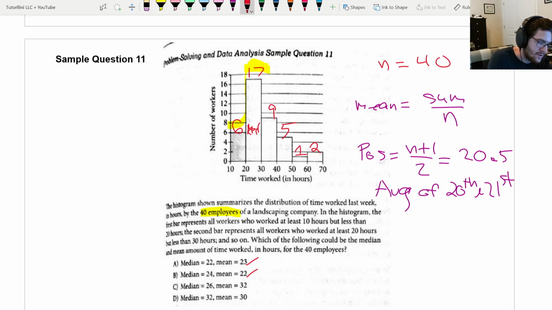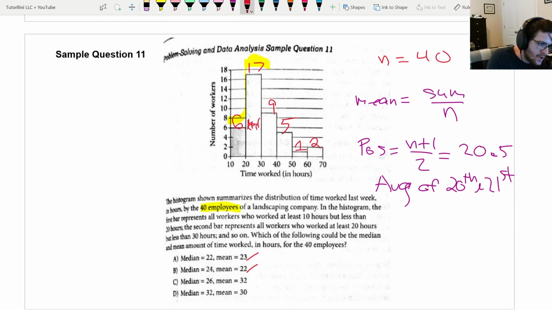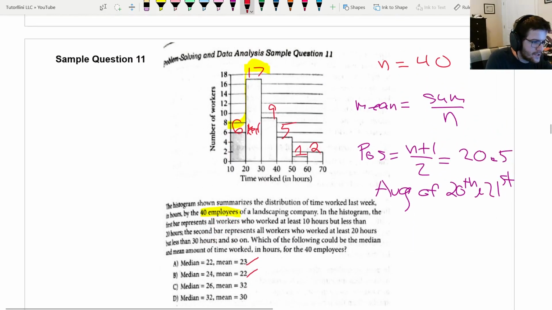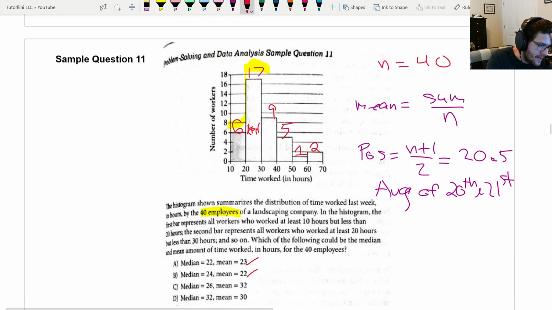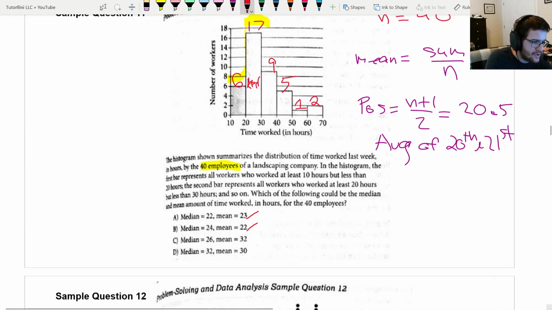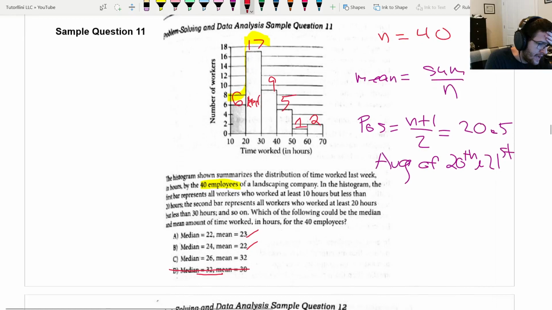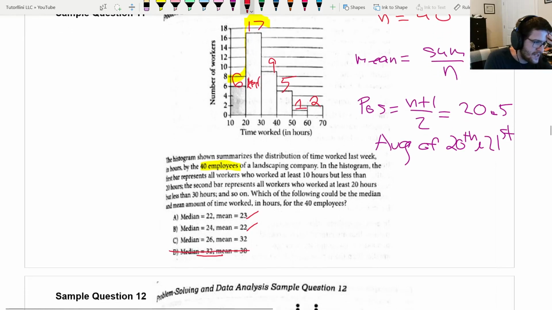So both the 20th and 21st must be in there. Include left, exclude right. So the median has to be between like 20 and 30. And it cannot be 32. No way, Jose. So this is out. I'm heavily leaning towards answer choice C.